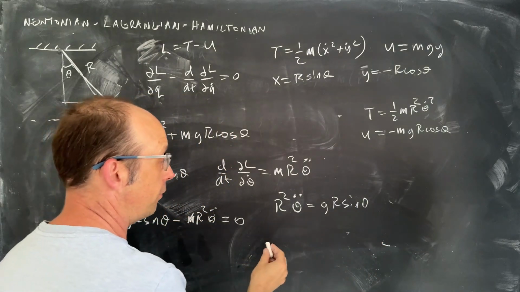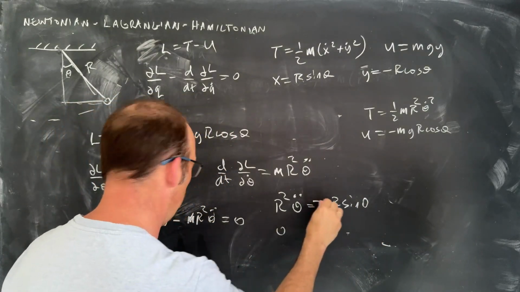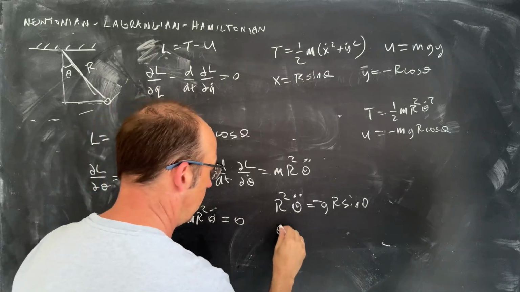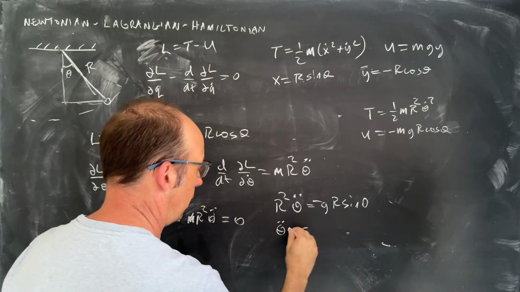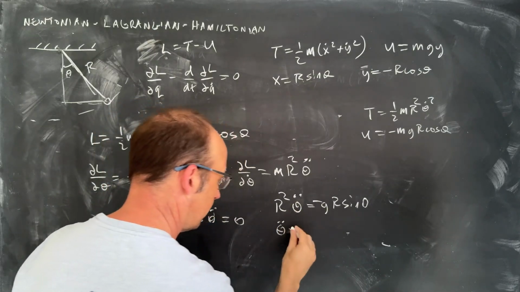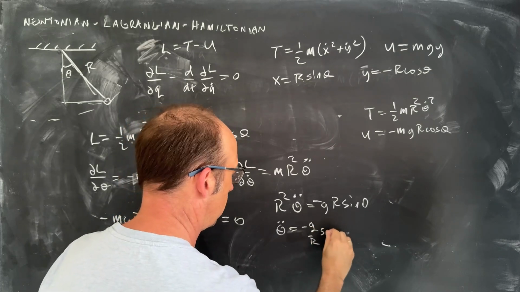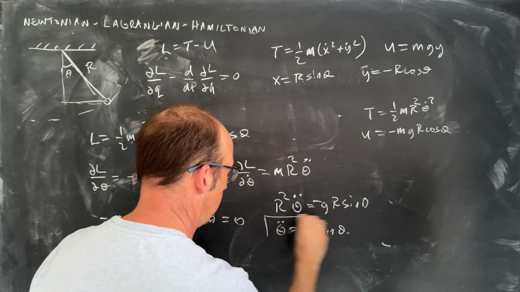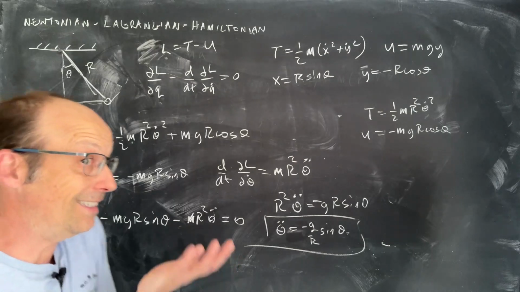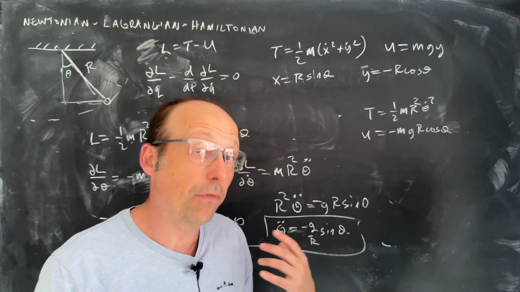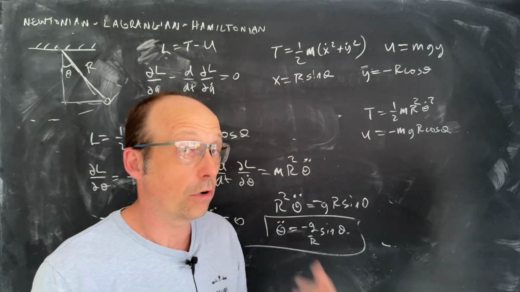I'm going to divide both sides by r squared, and oh, there's a negative. That's not negative. Theta double dot is negative g over r sine theta. And that's exactly the same thing that we got before, right, with Newtonian mechanics.